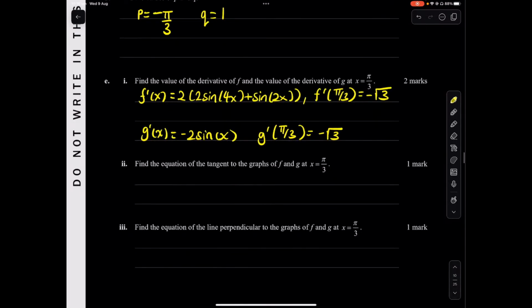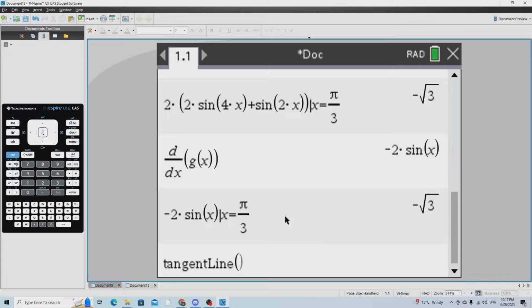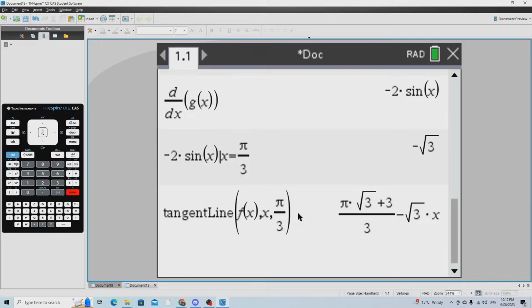Find the equation of the tangent to the graph of f and g at x equals pi on 3. Okay. So f tangent is y equals, let's find out. So menu, calculus, tangent line of f of x, x, pi on 3. It's this here.